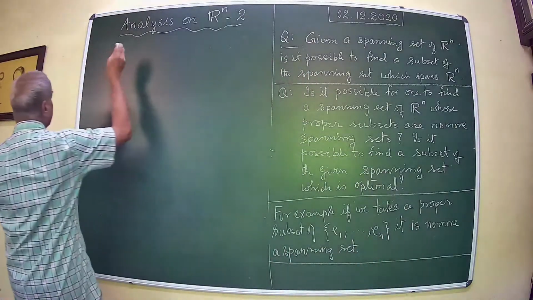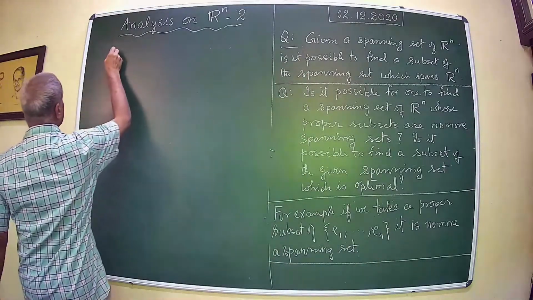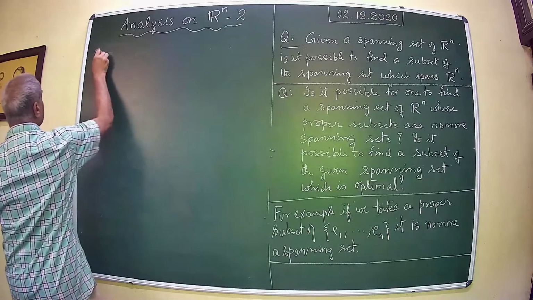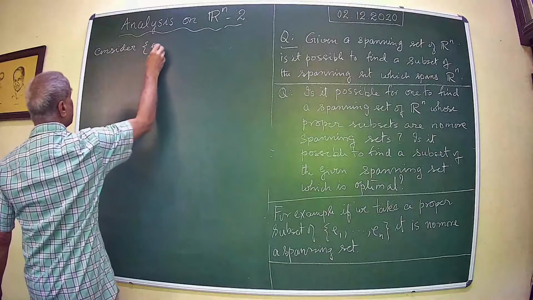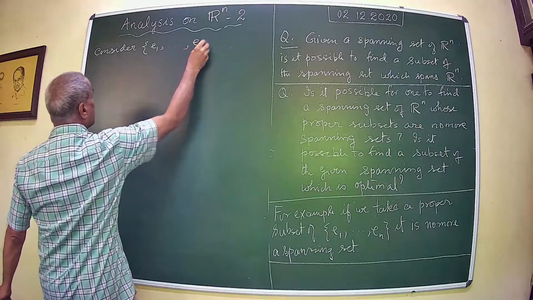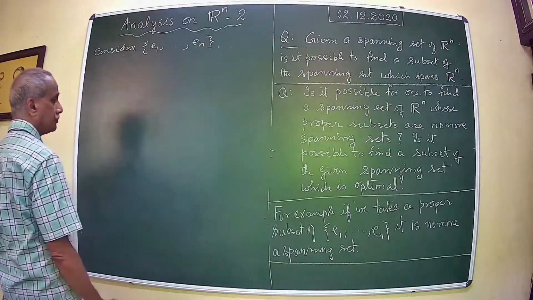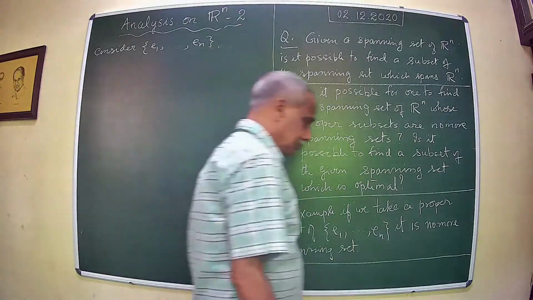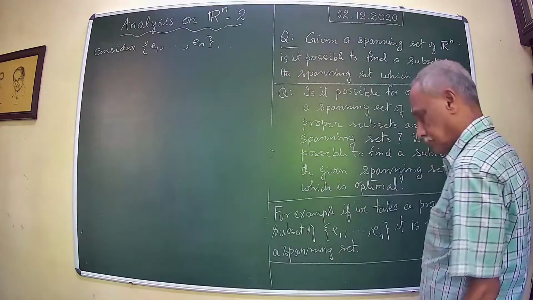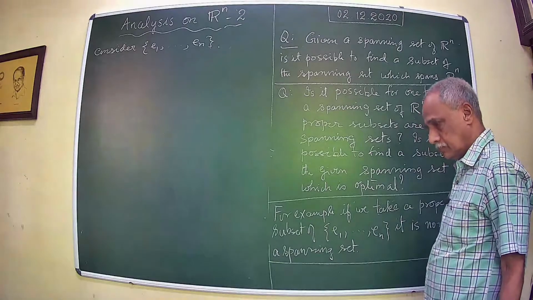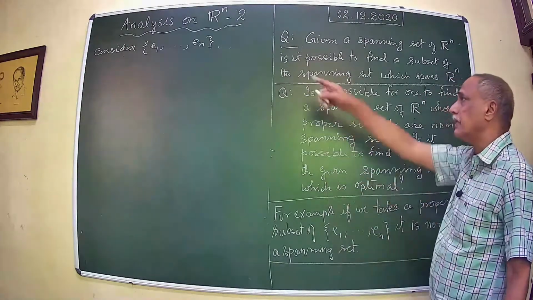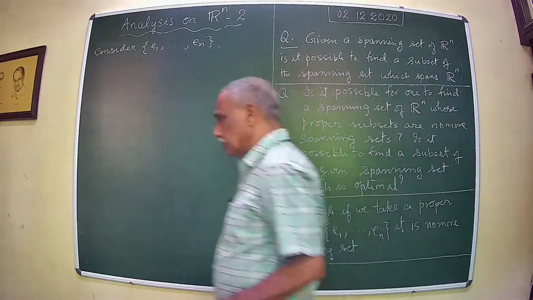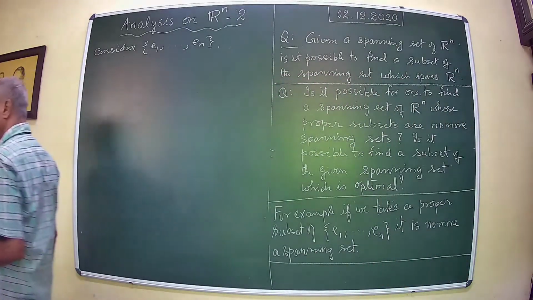We have seen that any vector can be written as a linear combination of E1, E2, etc., En.